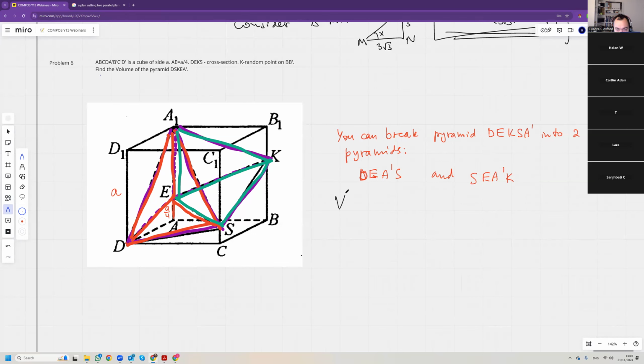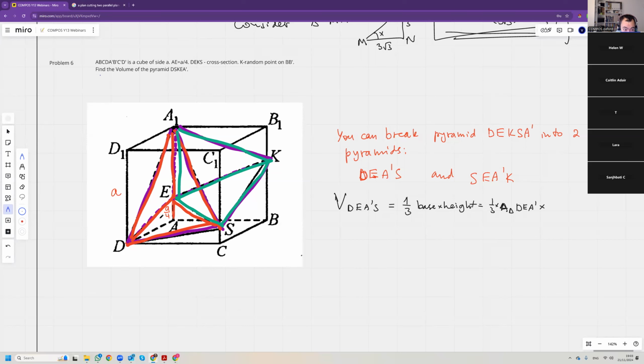Now, the volume of pyramid DEA'S is 1/3 base times height. So 1/3 times the area of triangle DEA' times the height.